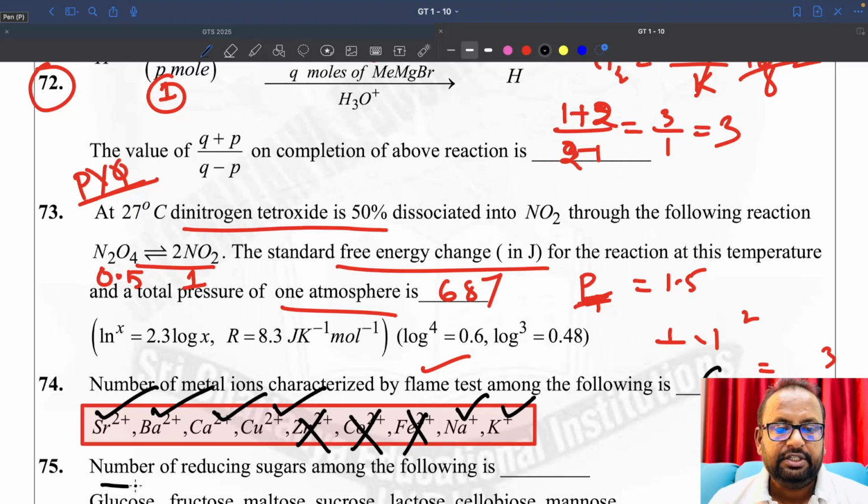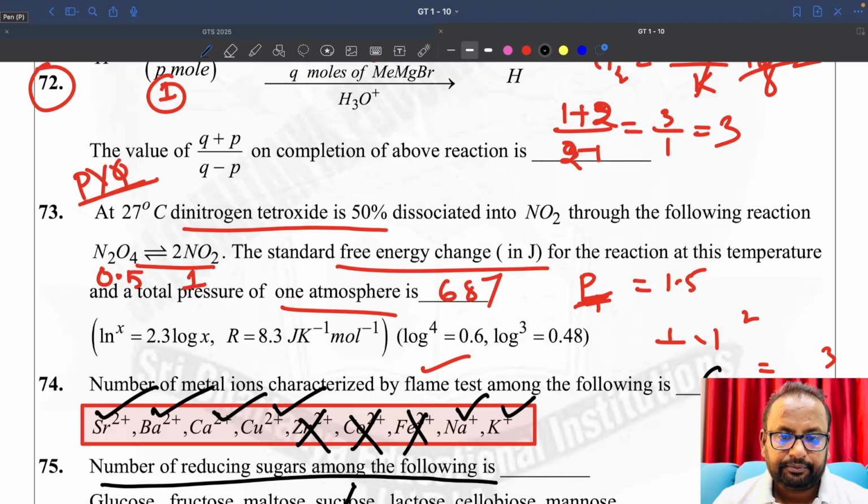Last question: number of reducing sugars among the following. Okay, glucose, fructose, maltose, sucrose, lactose, cellobiose, mannose. We know that except sucrose, all monosaccharides and all disaccharides are reducing sugars.